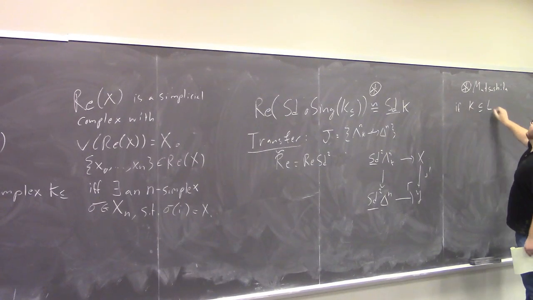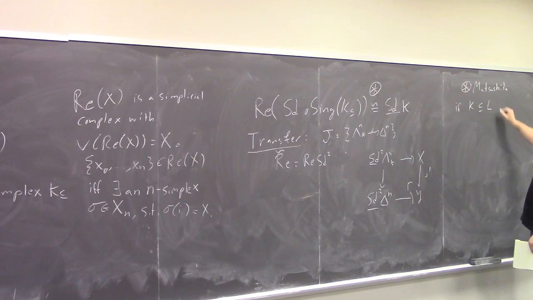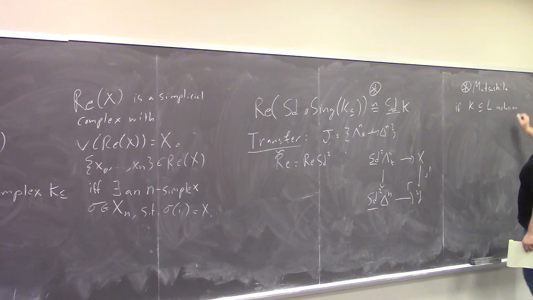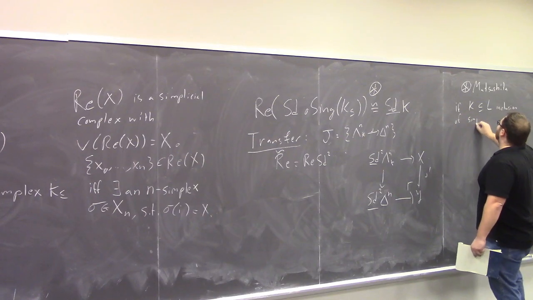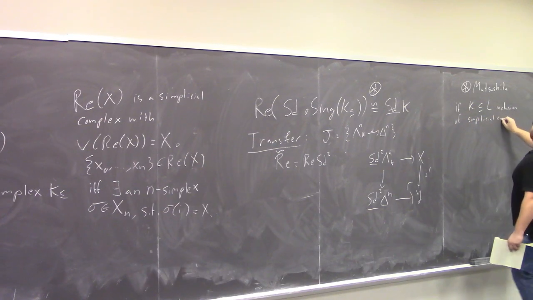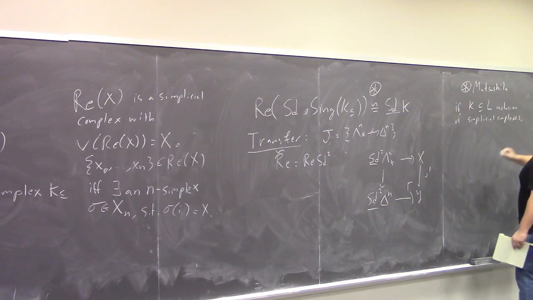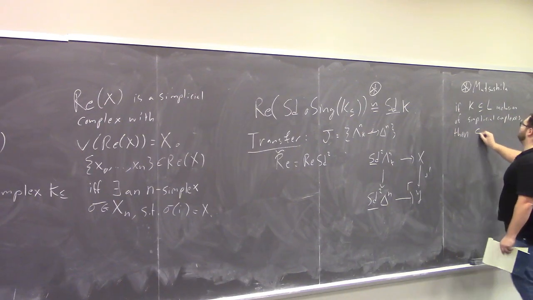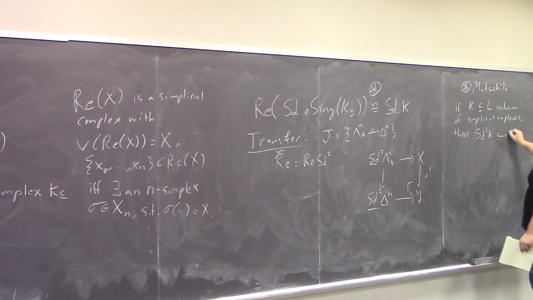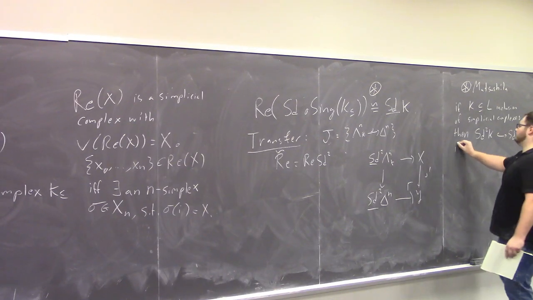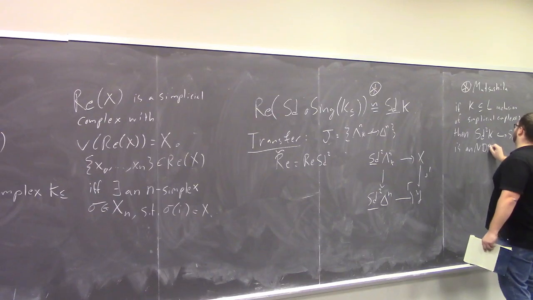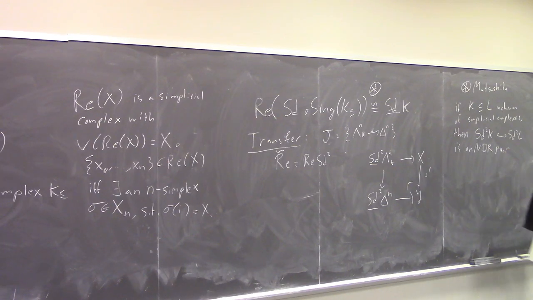If I have an inclusion of simplicial complexes, then when I subdivide twice, I get an NDR pair.